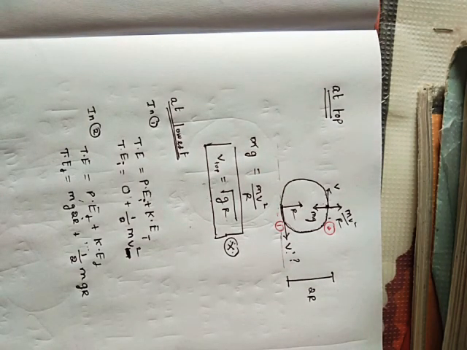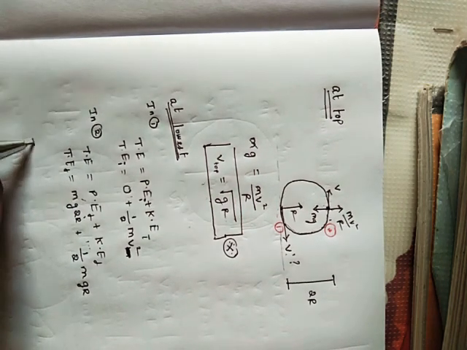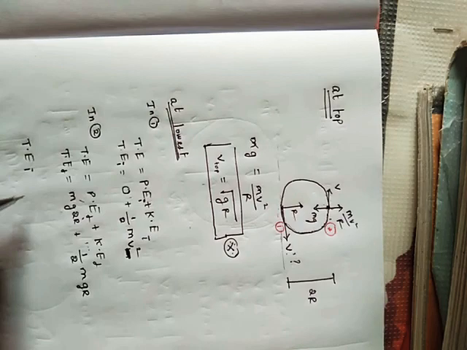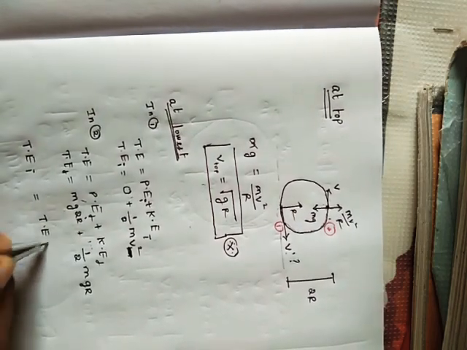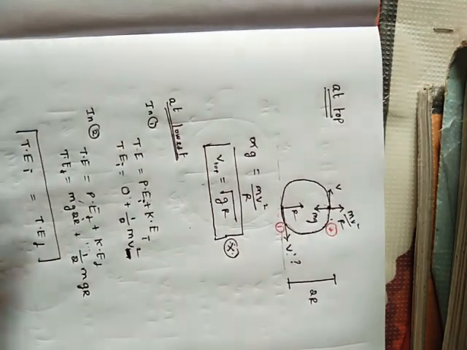What does the conservation of energy say? Energy is never destroyed. It may change from one form to another form, but it does not lose its energy. So the total energy initial is equal to total energy final. This is what conservation of energy says.